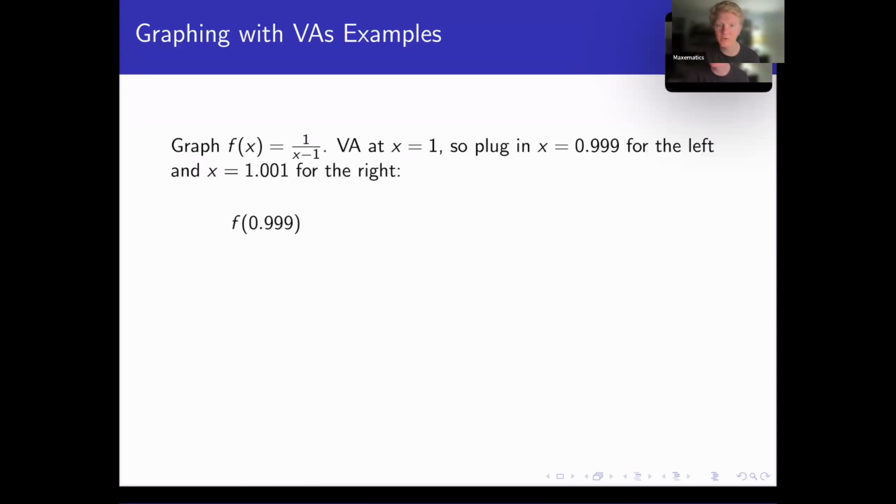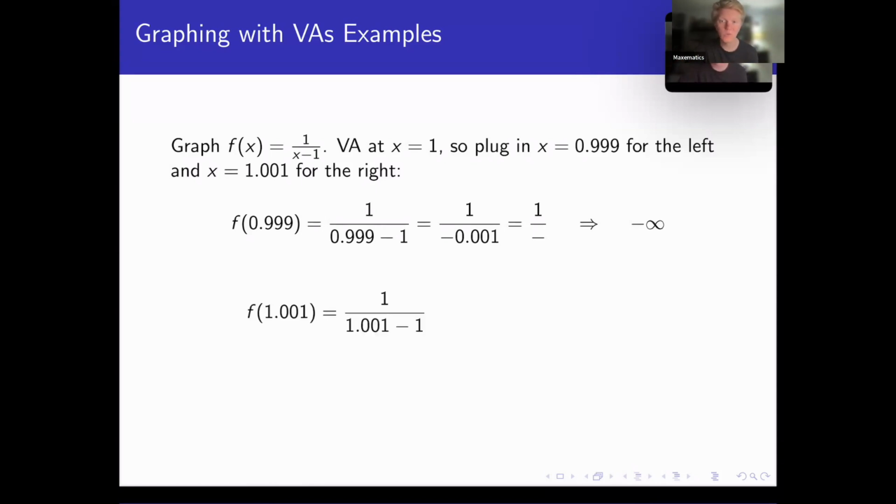When we plug in 0.999, we get 1 over negative 0.001, which is negative. So 1 divided by a negative number is a negative. For 1.001, well, 1.001 minus 1 is 0.001, which is positive. 1 divided by a positive number is a positive infinity.